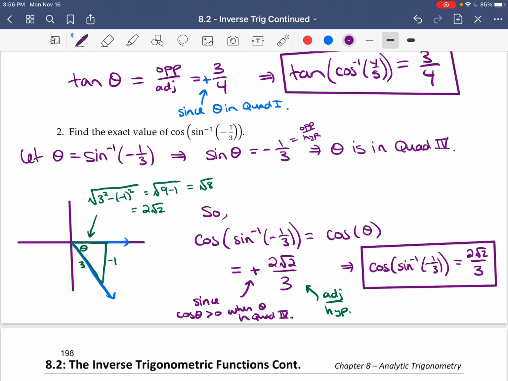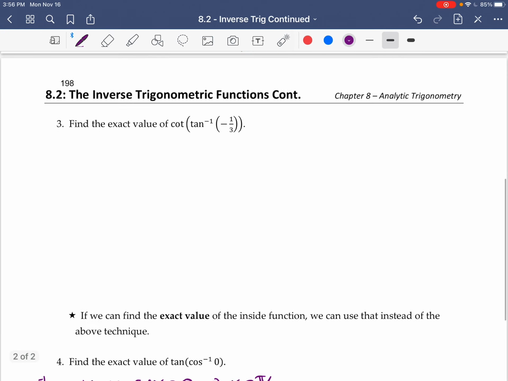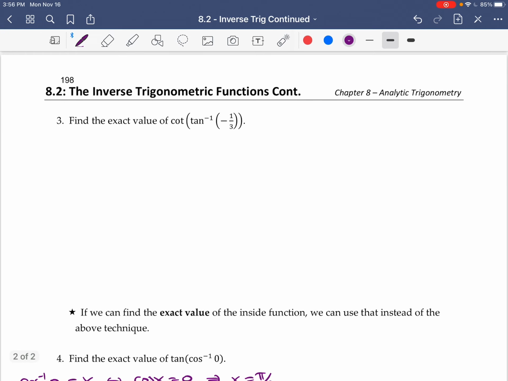Okay, let's try another one. So here I want cotan of tan inverse of negative 1/3. So again, let's let theta be tan inverse of negative 1/3. So that means that tan of theta is negative 1/3.